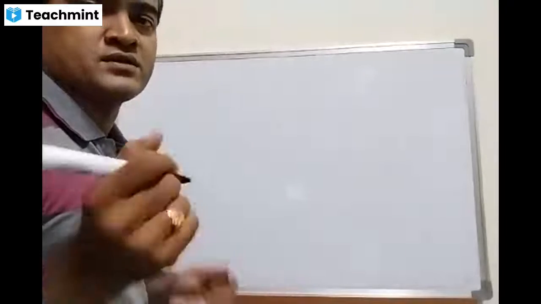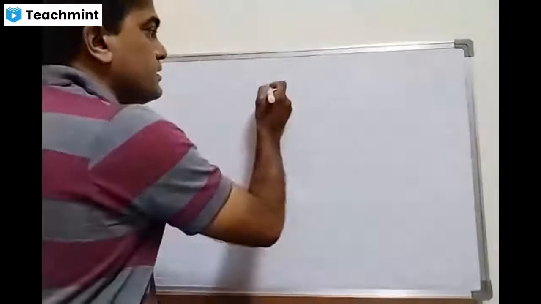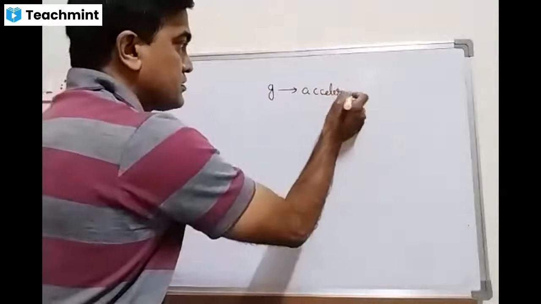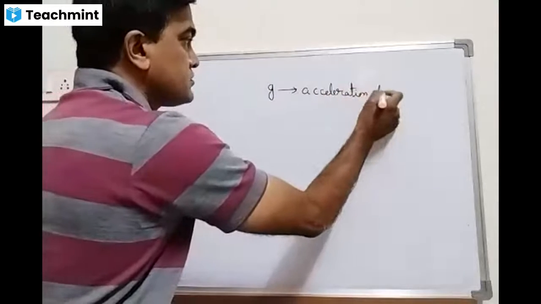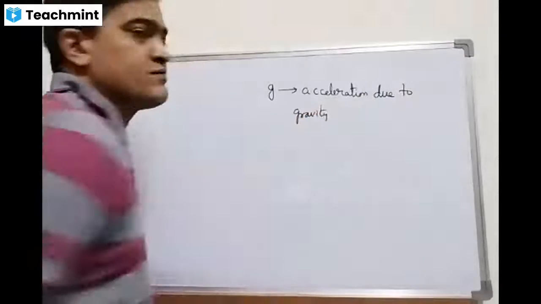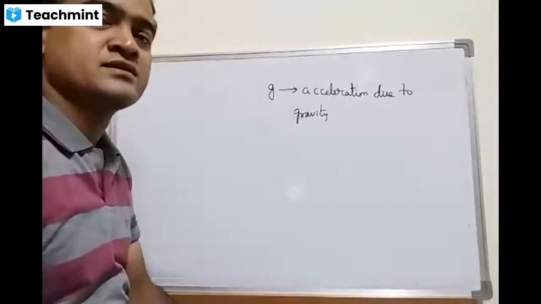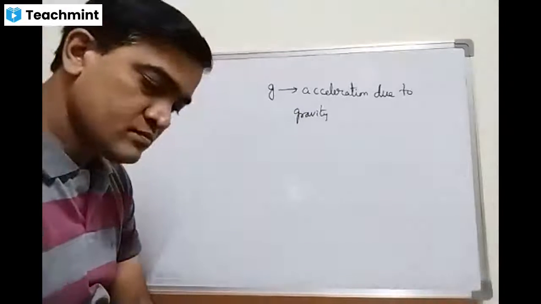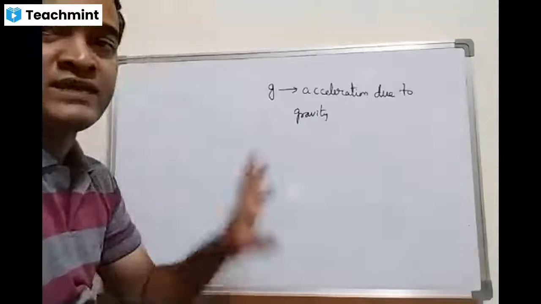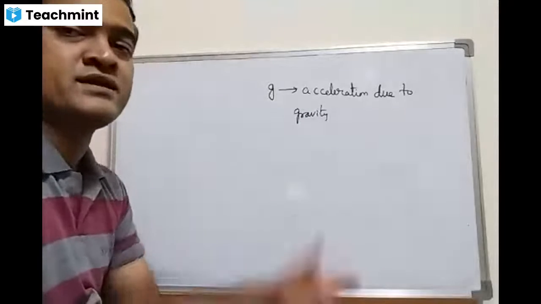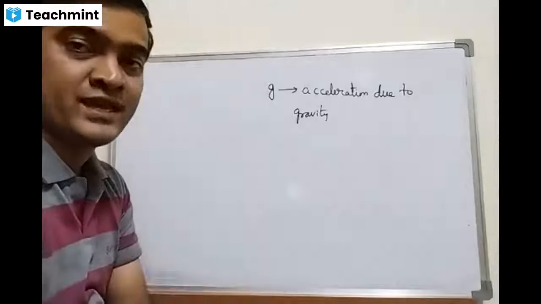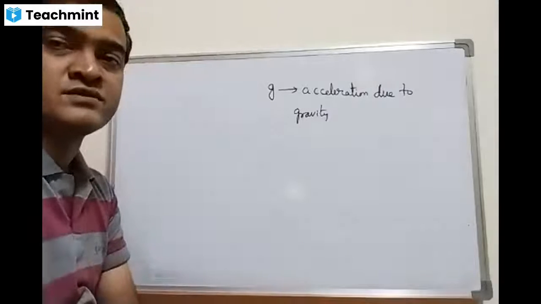But remember, g is nothing but acceleration due to gravity, and at a given place it was shown that this value is constant. That means changes in velocities will be the same for different time intervals.